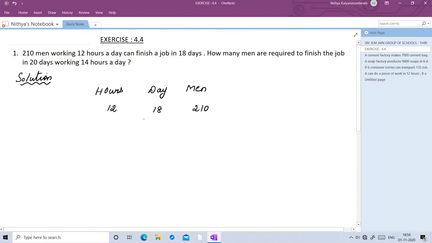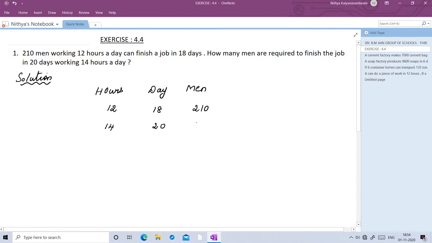It can finish a job in 18 days. So we need to find out the number of men in 14 hours, 20 days.